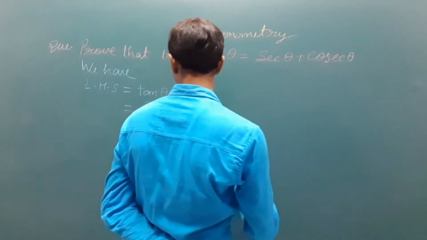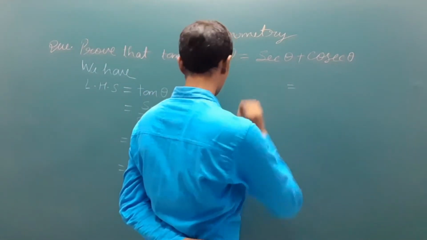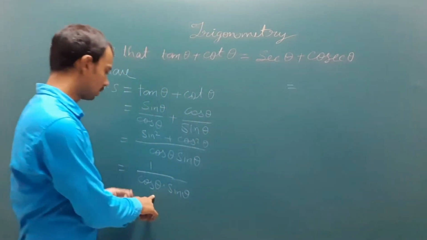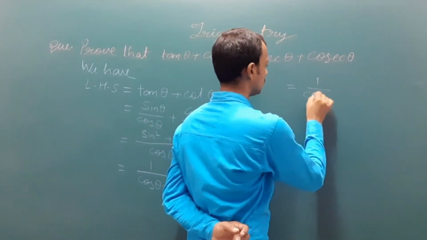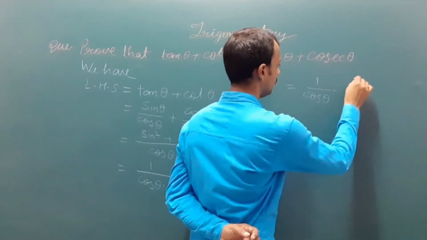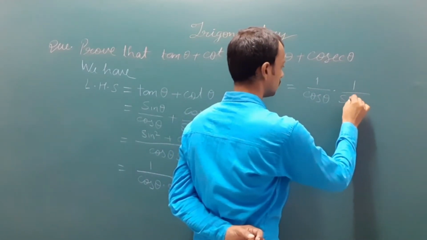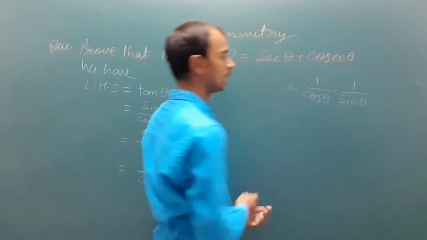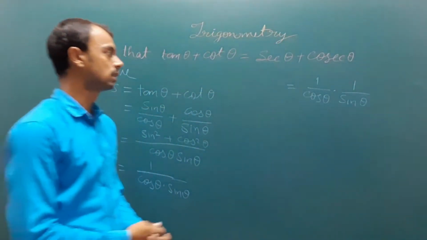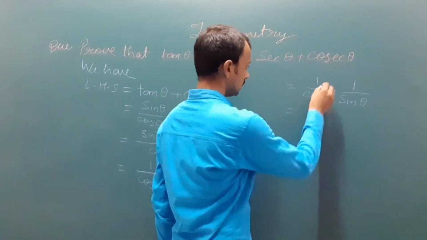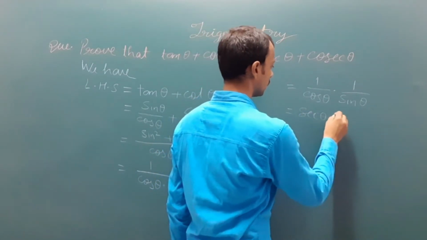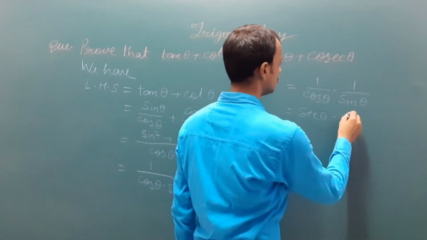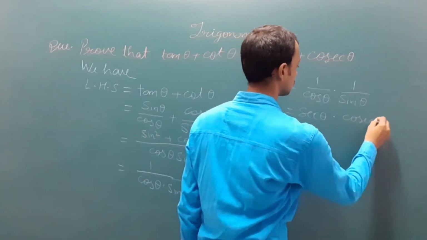Okay, now the next step is, I can write 1 upon cos theta sin theta as 1 upon cos theta into 1 upon sin theta. These are multiplications, no? So 1 upon cos is sec theta into 1 upon sin is cosec theta.